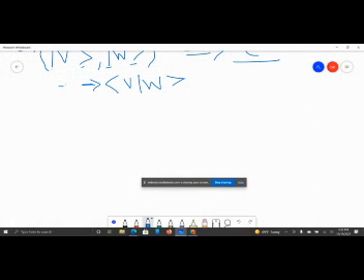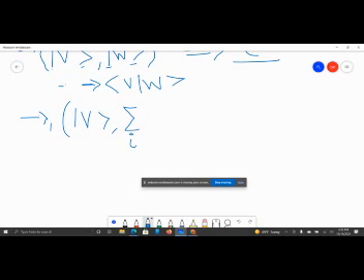Okay. So there are three fundamental properties of an inner product. One is that it is linear in the second argument. This is an abstruse way of putting it, but I will get into it, and then maybe it'll be a little bit easier to understand.